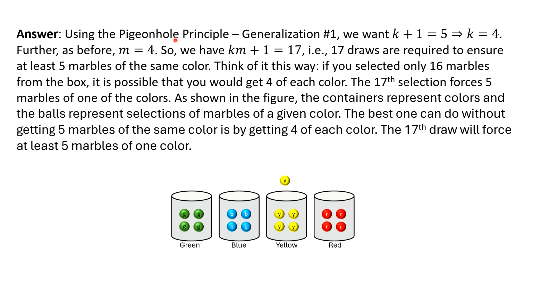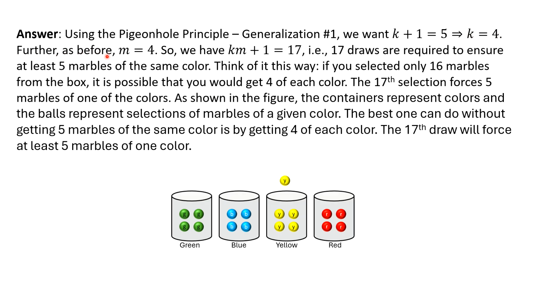So to solve this problem, we use the pigeonhole principle generalization number 1. We want k plus 1 equal 5. We want to eventually have 5 marbles in one of the containers. So k is equal to 4.